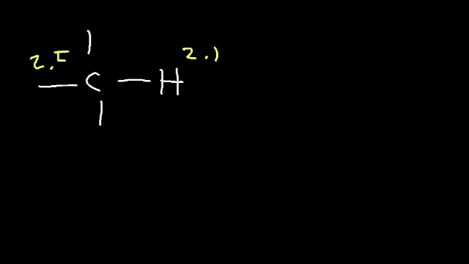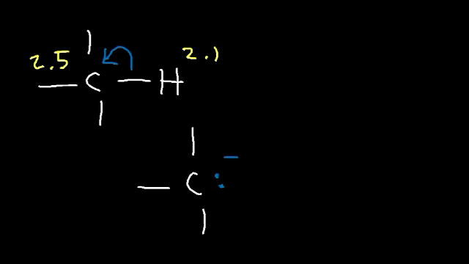Now what's going to happen if we put an atom that's less electronegative than a carbon? Hydrogen has an electronegativity value of 2.1. For carbon, the EN value is 2.5. For bromine, the electronegativity value was 2.8. So because carbon is more electronegative than hydrogen, it's going to pull the electrons toward itself when a bond breaks. And so the carbon is going to have a negative charge.